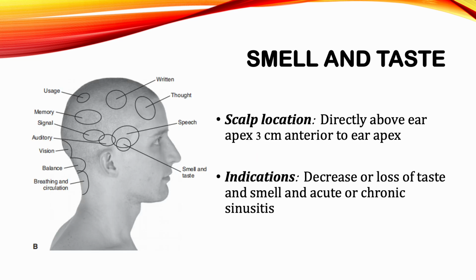Scalp location: it is located on the scalp directly above the ear apex, 3 centimeters anterior to the ear apex. Indications: decrease or loss of taste and smell, and acute or chronic sinusitis.